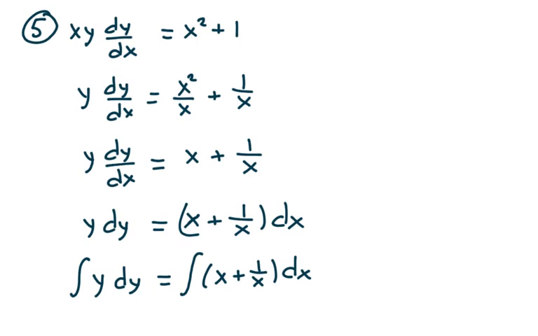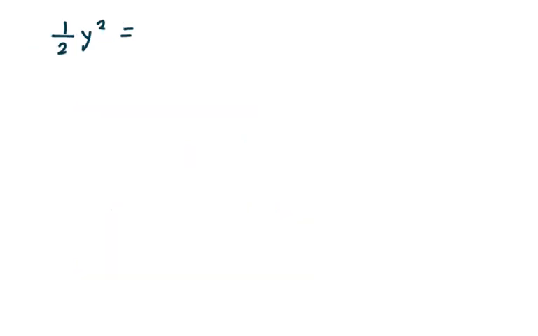And so 1/2 y squared, that's the left side. On the right side, we get 1/2 x squared plus ln of the absolute value of x, right? So 1/2 x squared plus ln of the absolute value of x plus c.